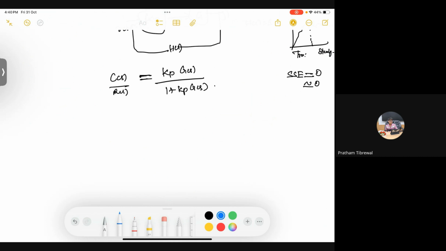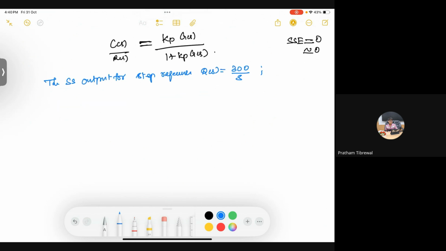So for a steady constant reference, that is 30 degrees Celsius per second and 300 degrees Celsius after the ramp finishes, the steady state output for a step reference, the steady state value I'm considering should be R of S equal to 300 by S. Since it is a step reference, I'm considering 1 by S and the settling value is 300. So it is 300 by S here.